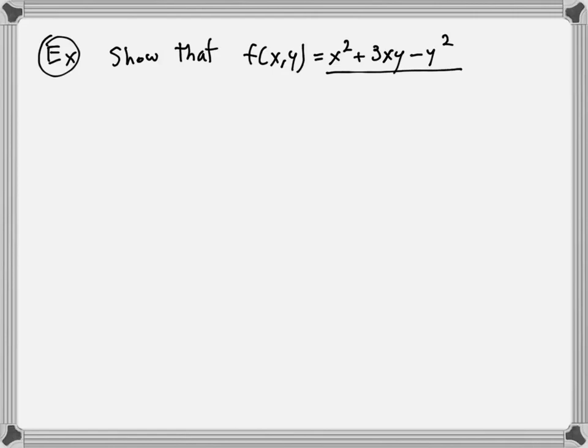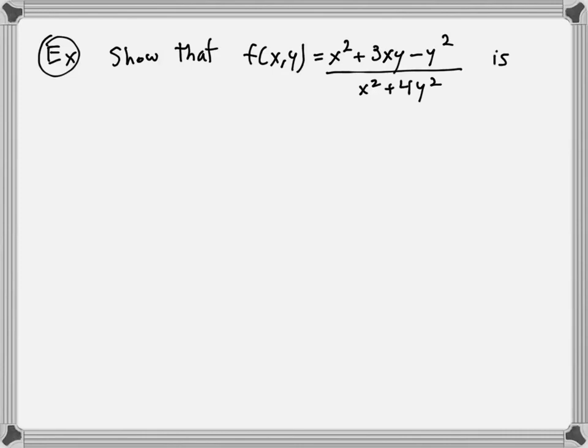So show that f of x, y is equal to x squared plus 3xy minus y squared over x squared plus 4y squared.